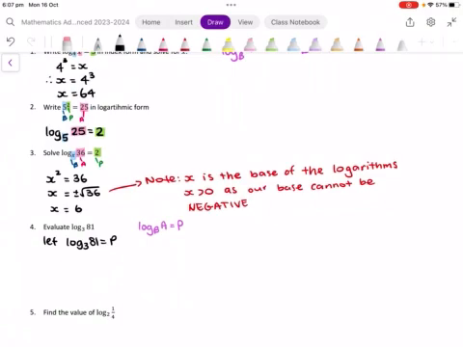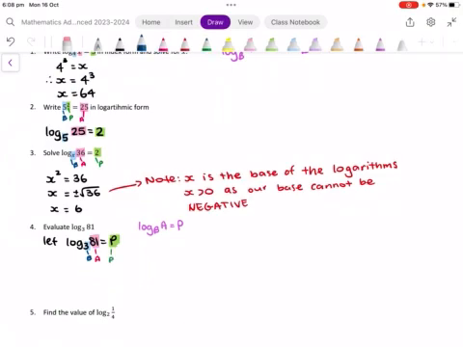If we just use our p, we're going to get into the habit of that p equals our power. So we have our base, we have our power, and we have our answer for our BAP.